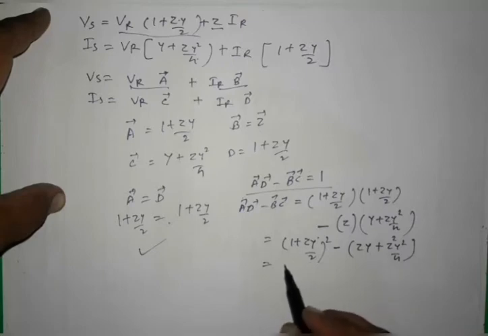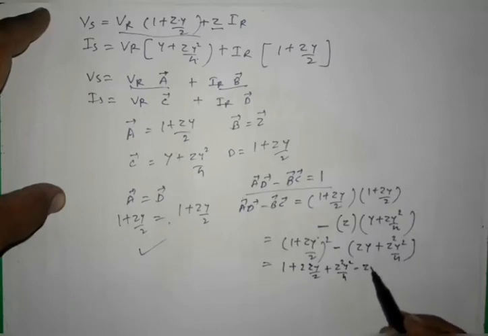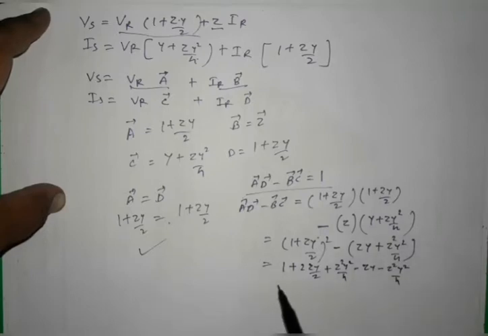So we solve this: 1 plus 2 into ZY/2 plus Z²Y²/4 minus ZY minus Z²Y²/4.